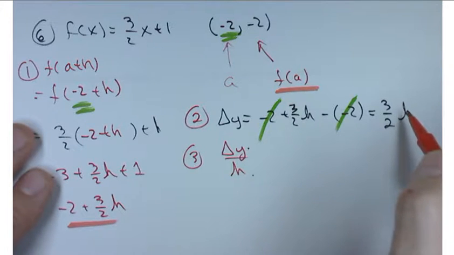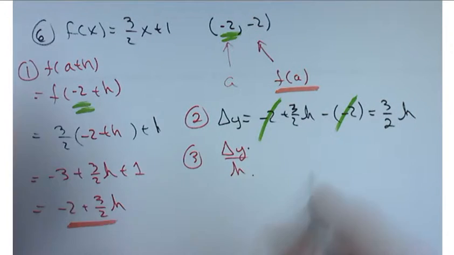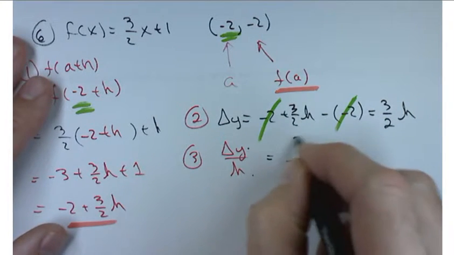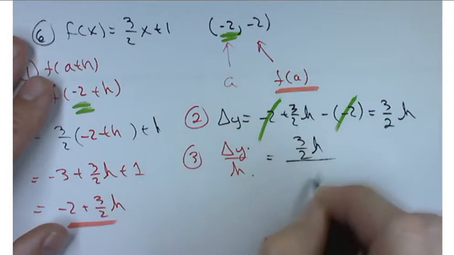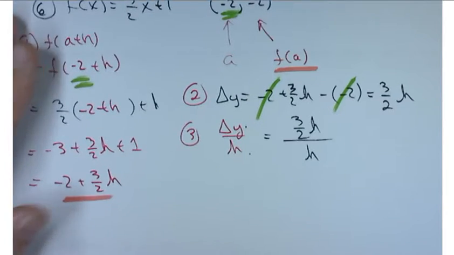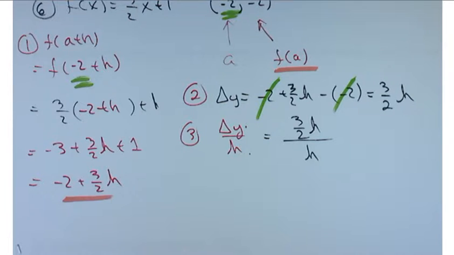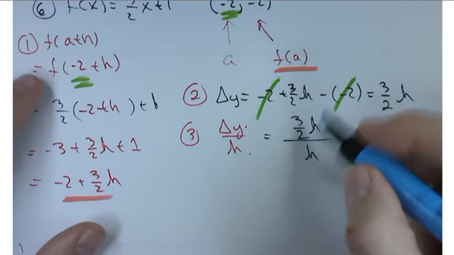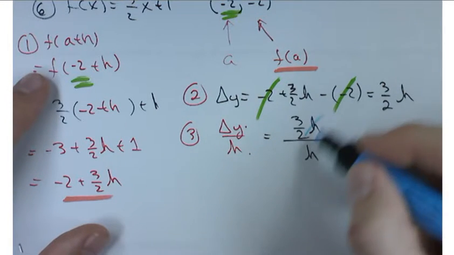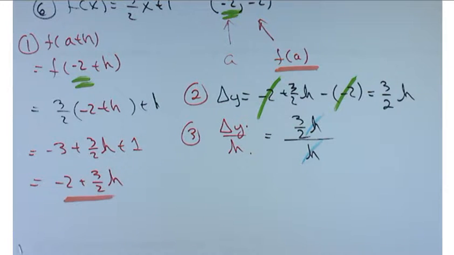Basically take this answer and divide by h. 3 halves h over h. Does that simplify at all? You can take out the h. All right, good. Let's take out the h's. So we get 3 halves.